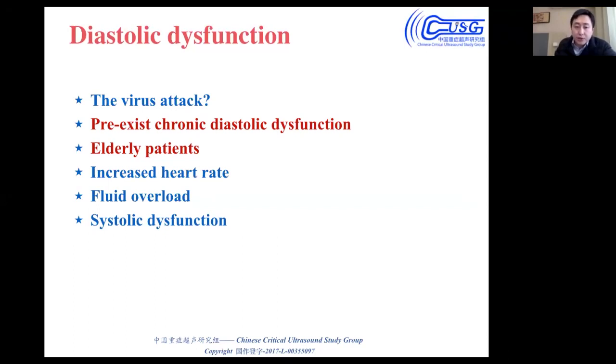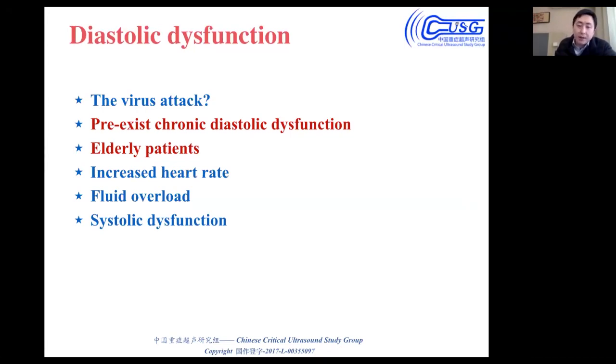And we should control an increased heart rate and not give fluid that results in fluid overload, which may worsen the diastolic dysfunction.